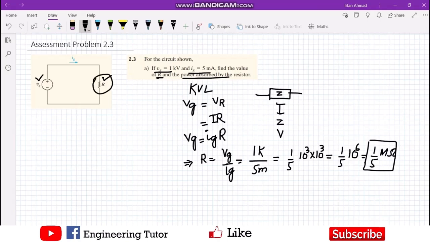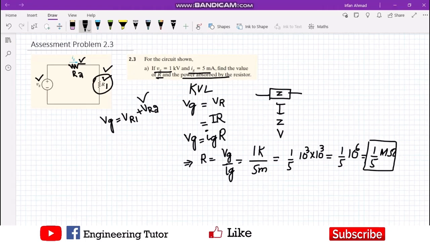Let's say this is R1, or we have another resistor R2 here. Whatever is available will be consumed here and here as well, and the sum of all voltages will be equal to VR1 plus VR2, and this is called KVL.